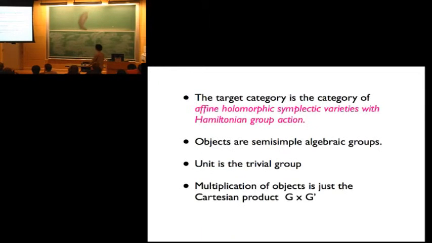The target category is the category of affine holomorphic symplectic varieties with Hamiltonian group action. Objects are just semi-simple algebraic groups. I think I can use reductive algebraic groups, but for simplicity, let me just keep it semi-simple. The unit object is the trivial group, just identity. And the multiplication of two objects is just a Cartesian product. So if you have SL(N) and SL(M), the product of the two objects is just SL(N) times SL(M). Very simple.